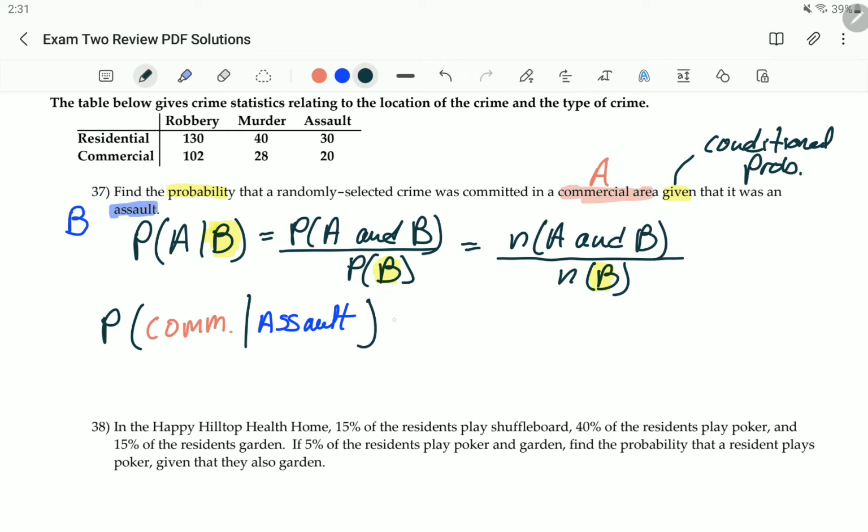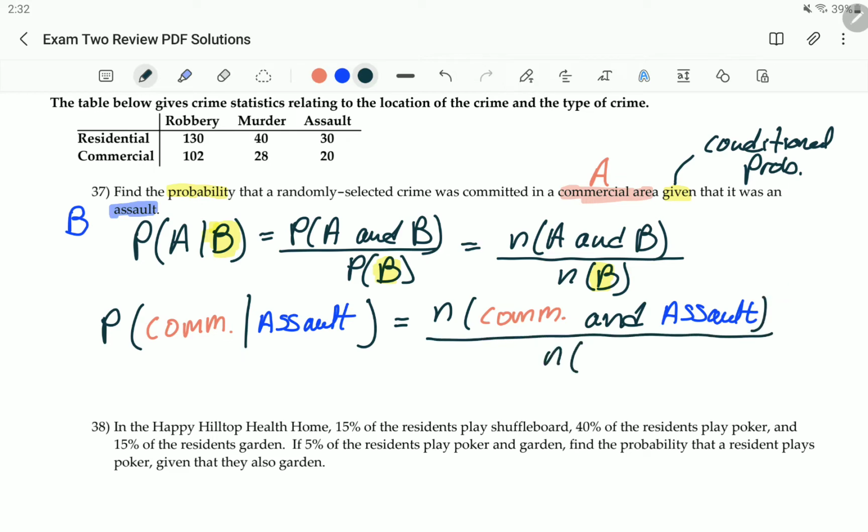And that's going to equal, I'm going to use the second one, the total of crimes that are both in a commercial area and an assault, divided by the total number of crimes that was an assault.